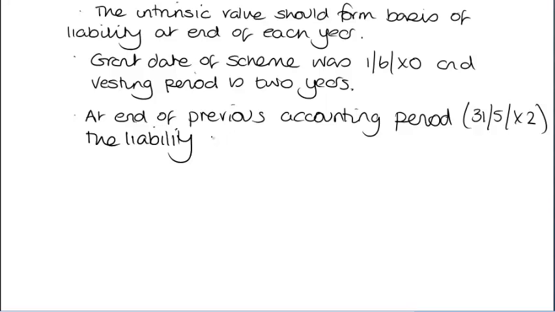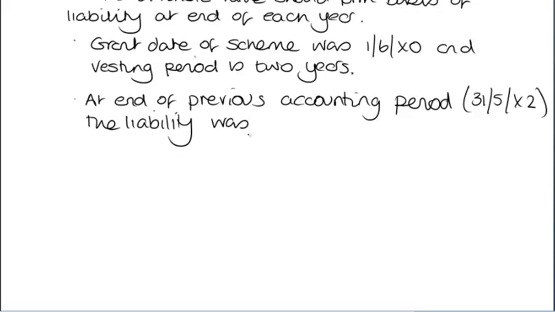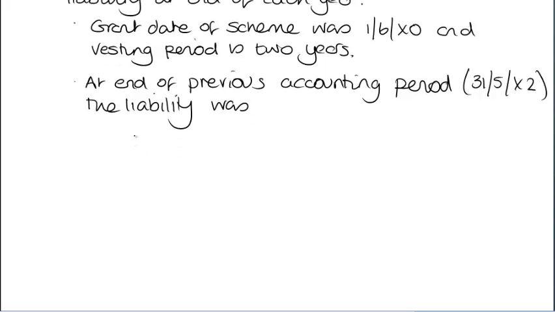The liability was, well, it's going to be 500 share appreciation rights to each of 20 managers. It was thought that 3 managers would leave over the initial 2-year period, and they did so. So it's going to be 20 less the 3 who left, so it's for 17 employees.